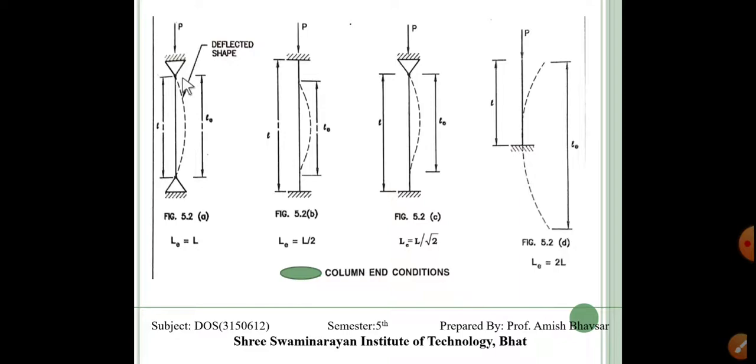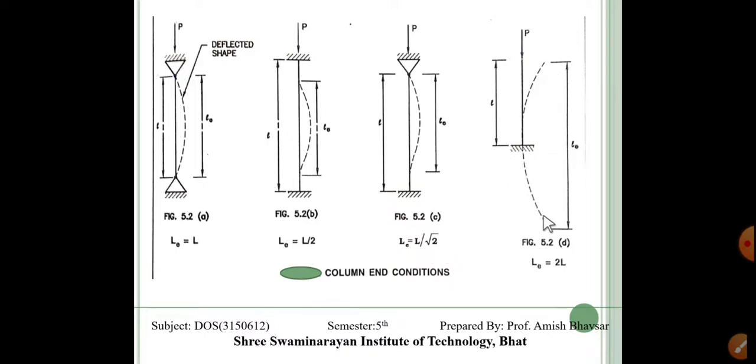Both ends hinged, then buckling of the column is something like this, and the effective length LE is equal to L. Here both ends are fixed, so buckling is somewhere from here to here, so LE is equal to L by 2. Here it is bending from here, so effective length LE is equal to L by root 2.